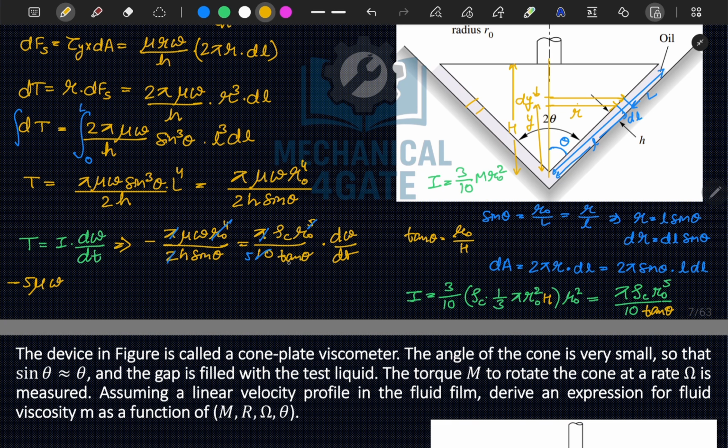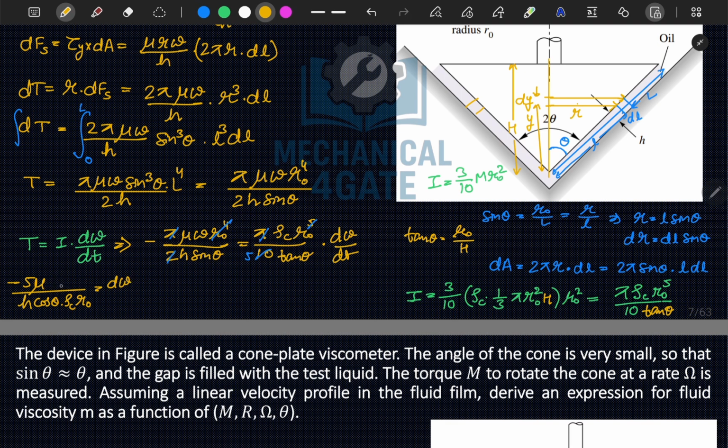Now this tan theta is equal to sin theta upon cos theta. So this will become 5 mu omega upon h cos theta times rho c r naught is equal to d omega by dt.